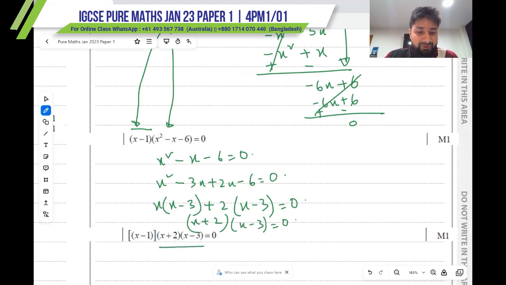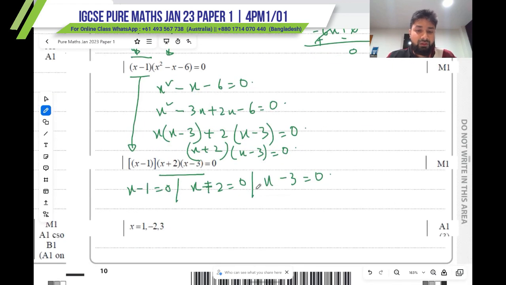Make sure to also write the first factor which we received from the question. Now when you finally write the factors like this and put the factors equal to 0, x plus 2 equals 0, and then x minus 3 equals 0. You get x as 1, x as minus 2, and the value of x as 3.